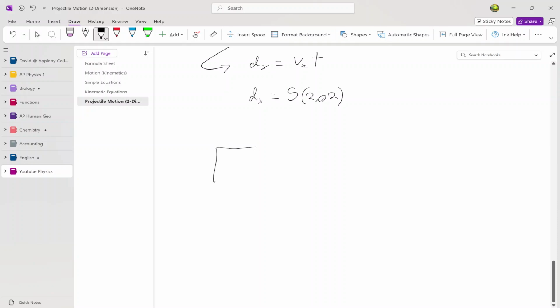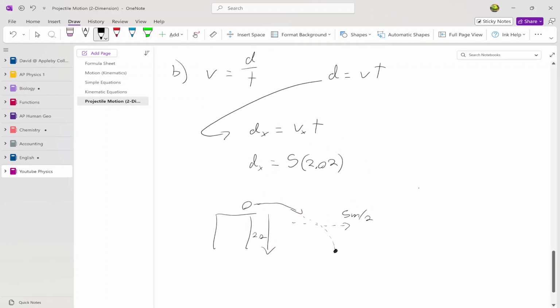let's say, always draw a diagram, right? And I throw it down like that. It's moving this way in the horizontal at 5 meters per second, and then it lands over here in 2 seconds. So that means once it lands, there's no more velocity. It is stationary.